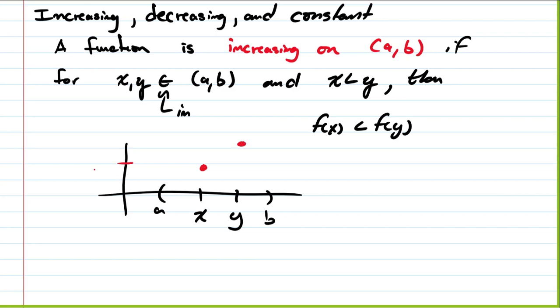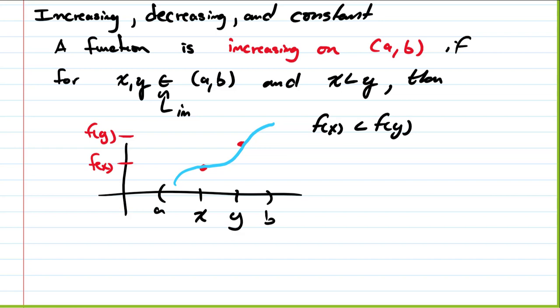So that would mean that f of x is lower than the value f of y. We don't know how the function looks as it goes from x to y, but it does indicate that it has to be going up, or it increases as we move from left to right. So the above is a very technical definition of the idea that a function is increasing if, as you move from left to right, it goes up.